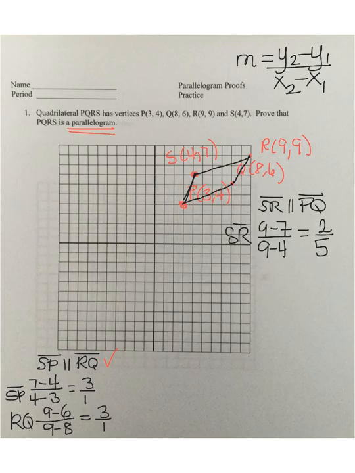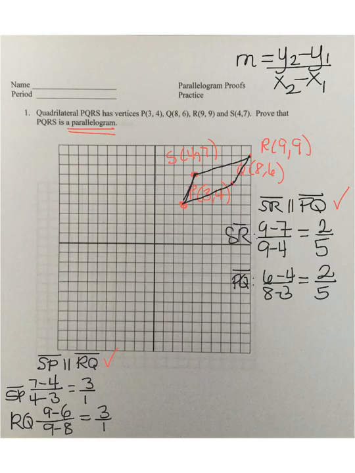And for PQ, I have 6 minus 4 over 8 minus 3, and I also get 2/5. So this works as well.